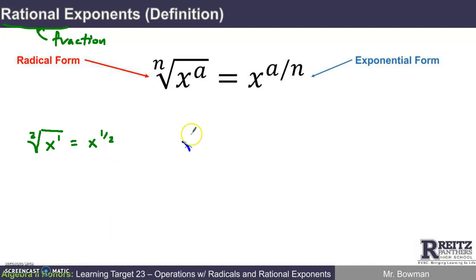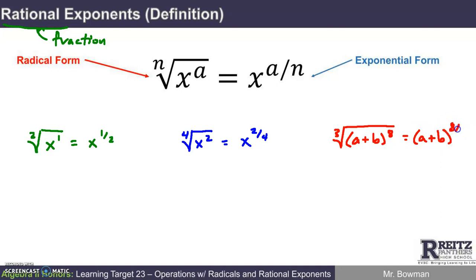If I gave you the fourth root of x squared, I would say that's the same as x to the 2/4 power. One more example. The cubed root of a plus b to the 8th would be a plus b, that quantity, to the 8/3 power.